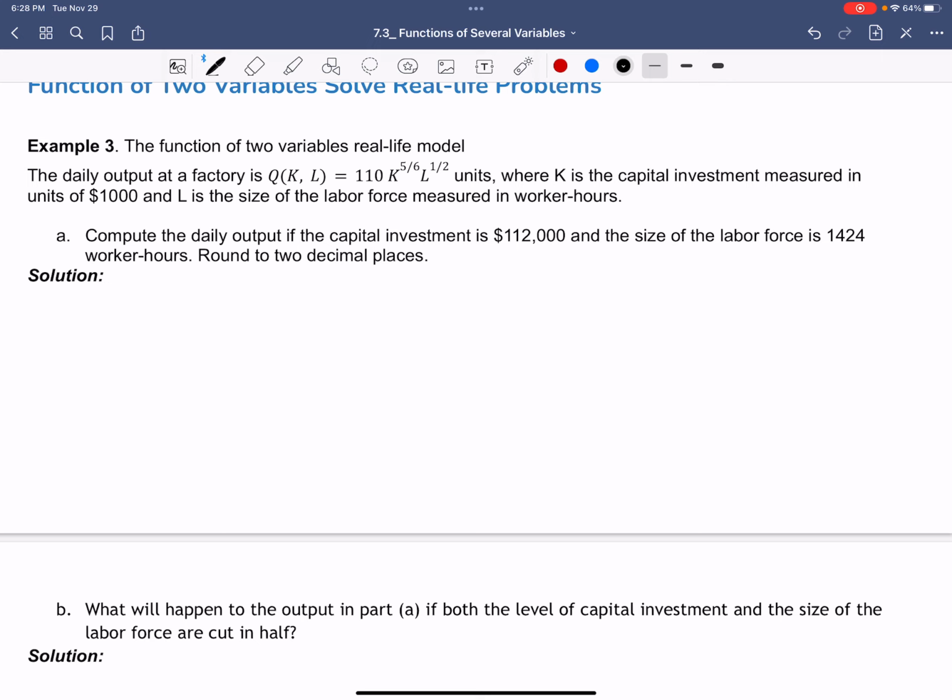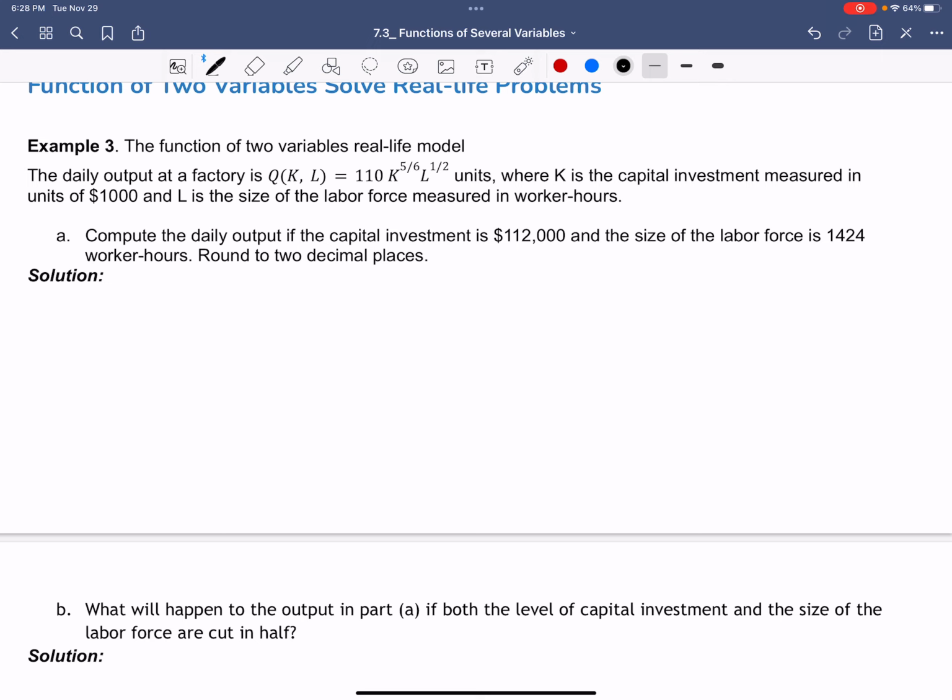So the daily output of a factory is Q(K, L), which equals 110 times K to the power of 5/6 times L to the power of 1/2 units, where K is the capital investment measured in units of $1,000, and L is the size of the labor force measured in worker hours.